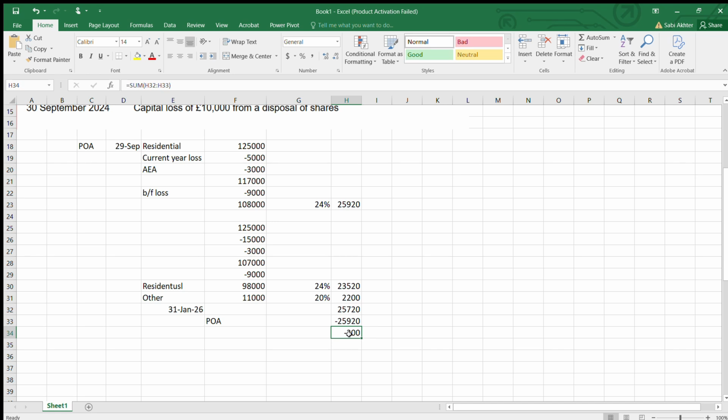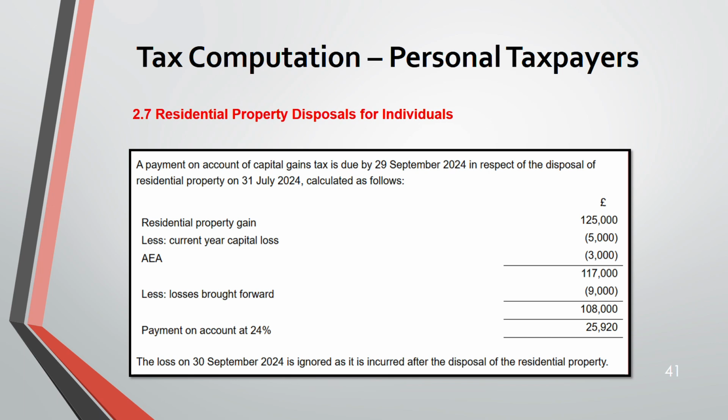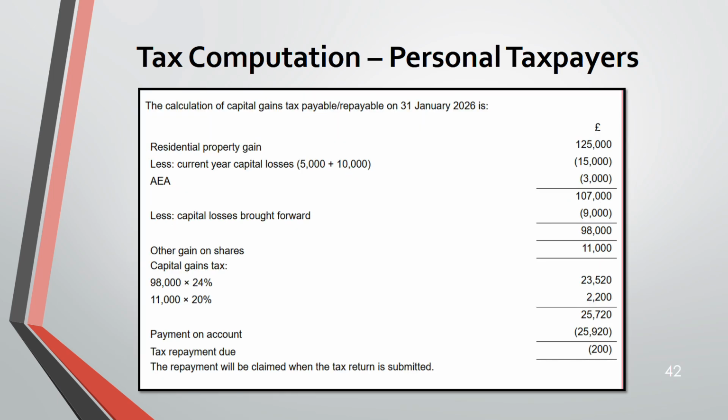So it's showing a loss 200. What is it? It's a tax repayment. So you are going to get a repayment of 200 tax because you have paid more tax in payment on account. You have paid 200 more than your actual amount of tax on 31st Jan 2026. So the answer for example 3, okay, is 200 of tax will be repaid.